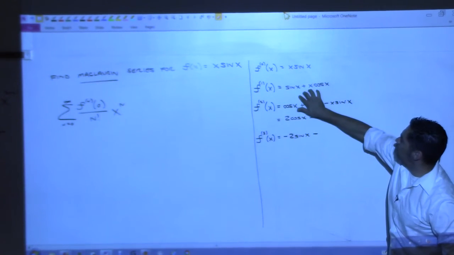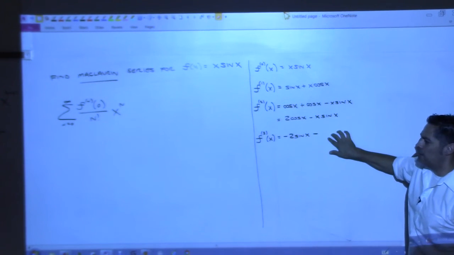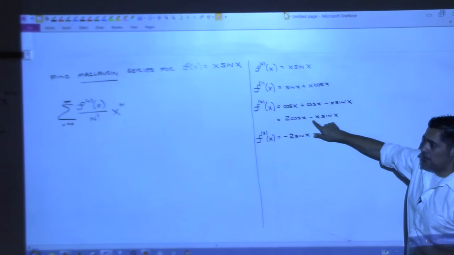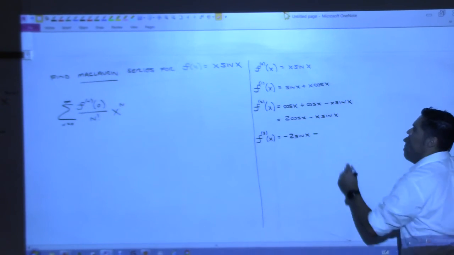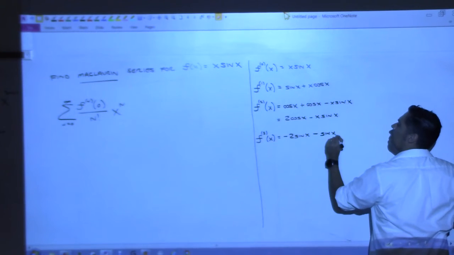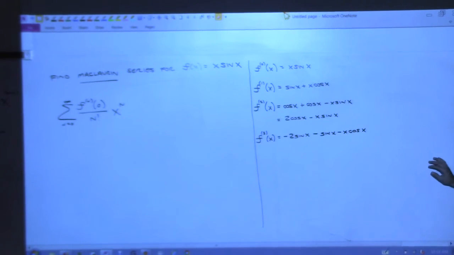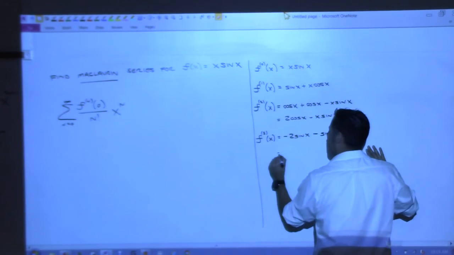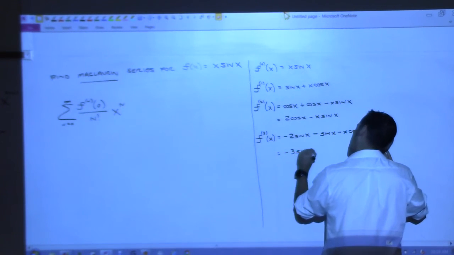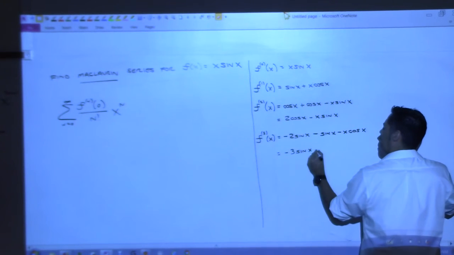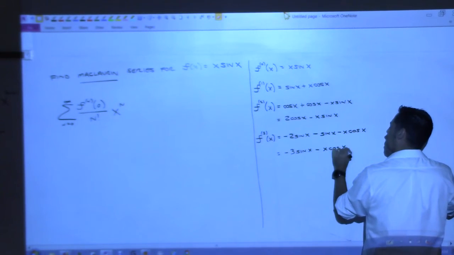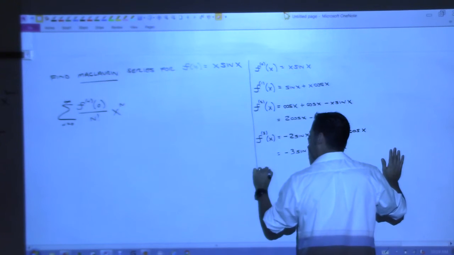I can just copy and paste this, but I have a negative sign, so the negative goes to here and here: minus sine x minus x cosine x. Agree? Combine, this is negative 3 sine x minus x cosine x. What would the fourth derivative be?